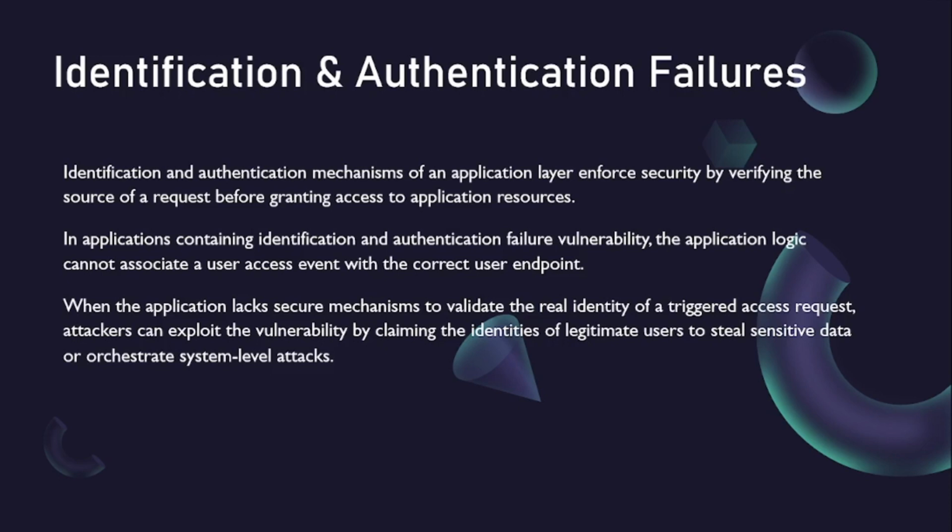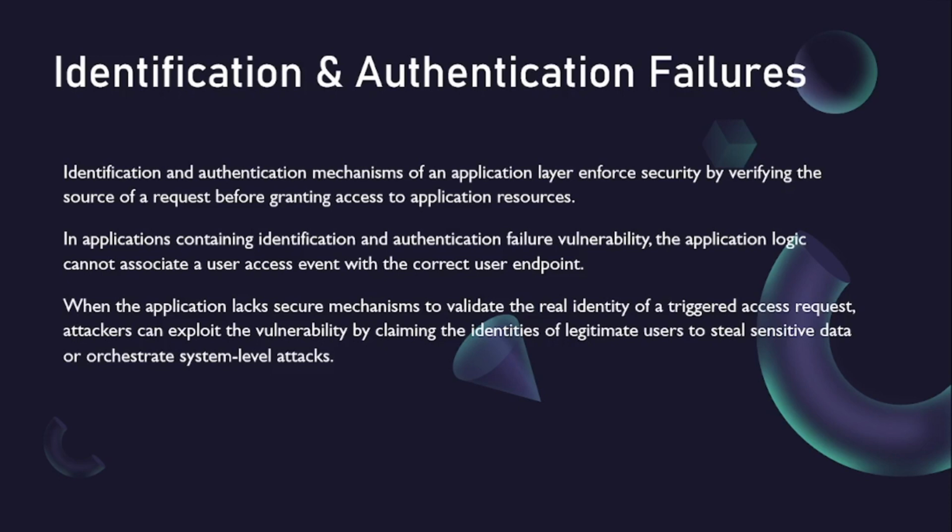Another example of an identification and authentication failure is the failure to properly validate user credentials. If a system or application does not properly verify the identity of users, it may be vulnerable to attack. An attacker could exploit this vulnerability by providing fake or stolen credentials to gain unauthorized access to sensitive data or perform other malicious actions.